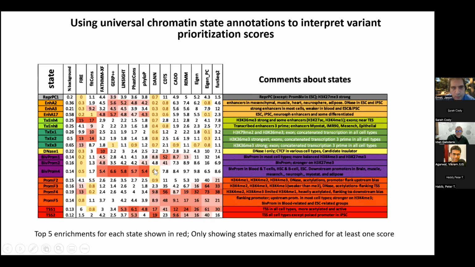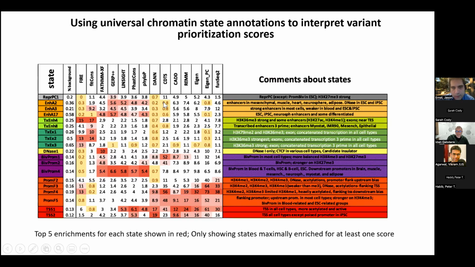You can see different scores prioritize different classes of bases, and it's color-coded based on the top 5 enrichments for each state. For example, one can see a set of scores that are most enriched for what we characterize as certain types of enhancers, while not necessarily that enriched in promoter regions, while other scores are heavily enriched in promoter regions, and in some cases even depleted in enhancer states.